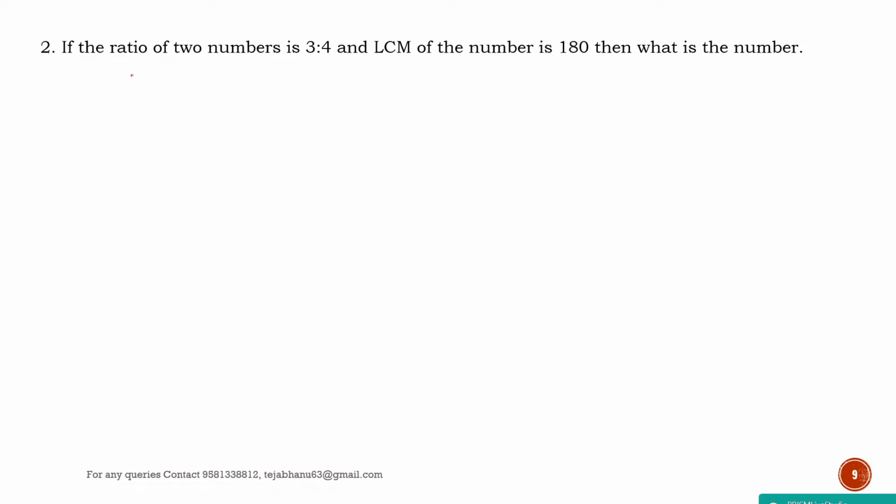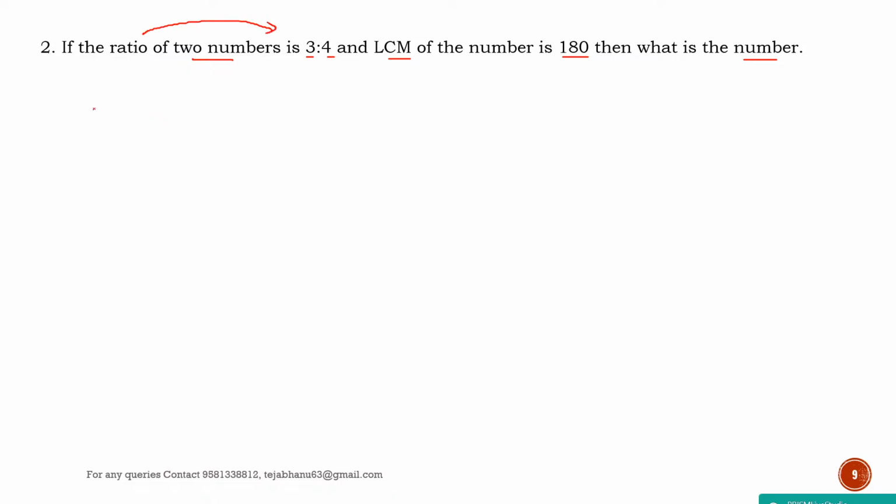If the ratio of two numbers is 3:4, and the LCM of the numbers is 180, then what are the numbers? He has given the ratio of the two numbers as 3:4.